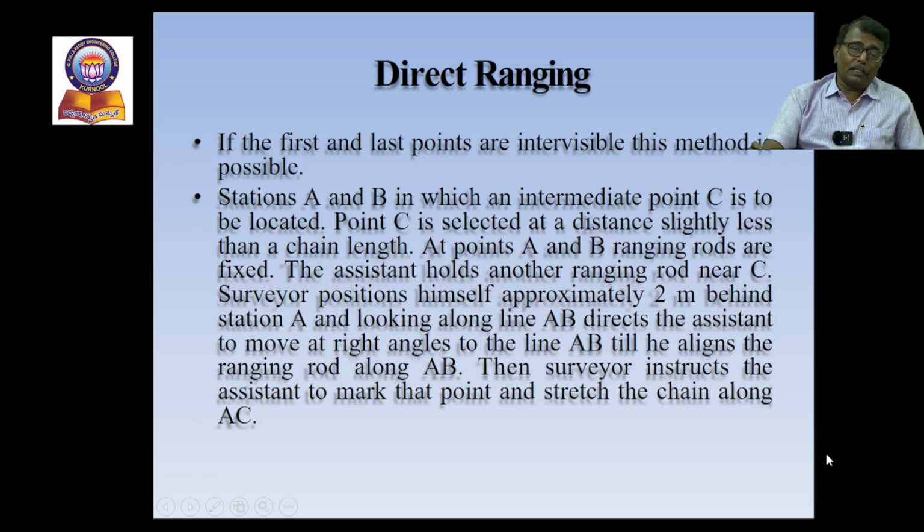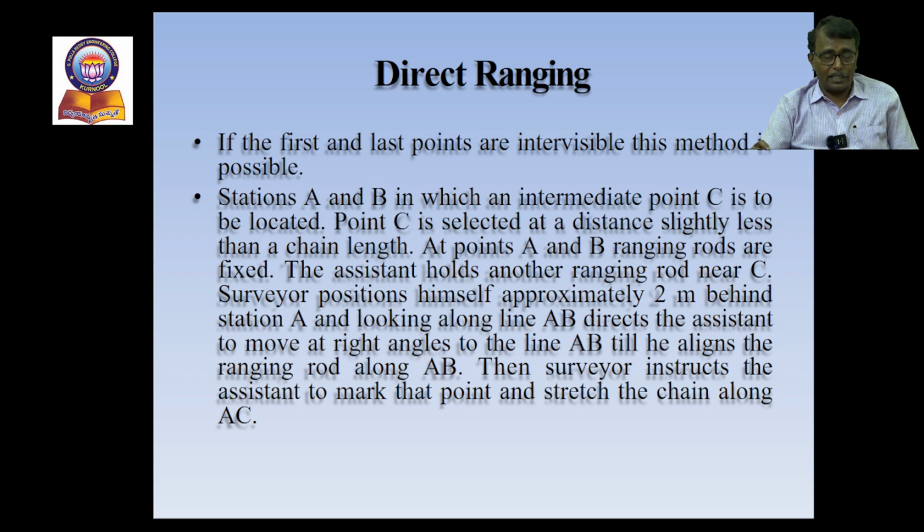Next is direct ranging. The ranging can also be done by direct ranging, but here a minimum of 2 persons are required. If the first and last points are intervisible, this method is possible. Stations A and B, in which an intermediate point C is to be located. The point C is selected at a distance slightly less than a chain length. At points A and B, ranging rods are fixed.